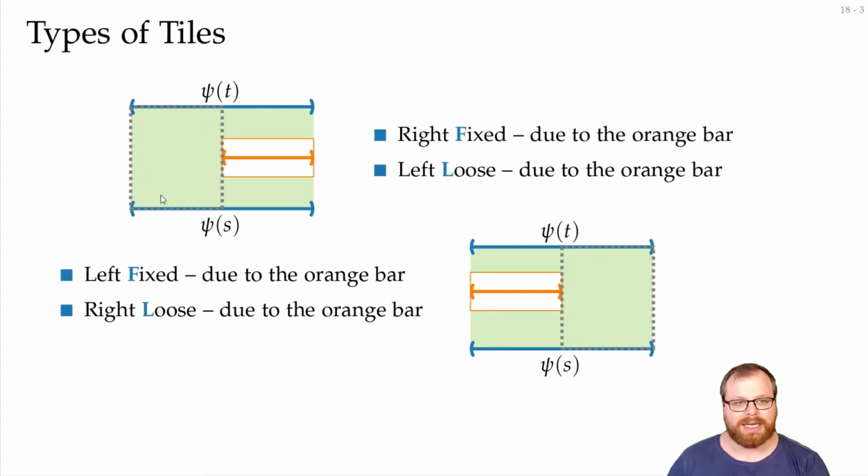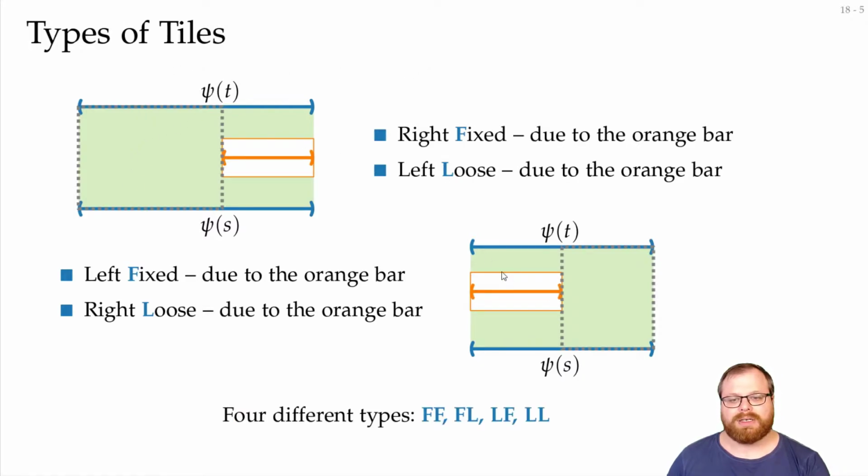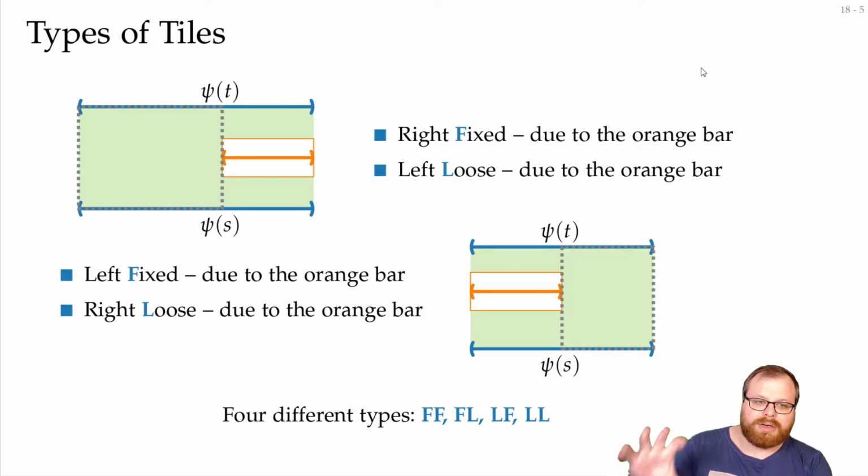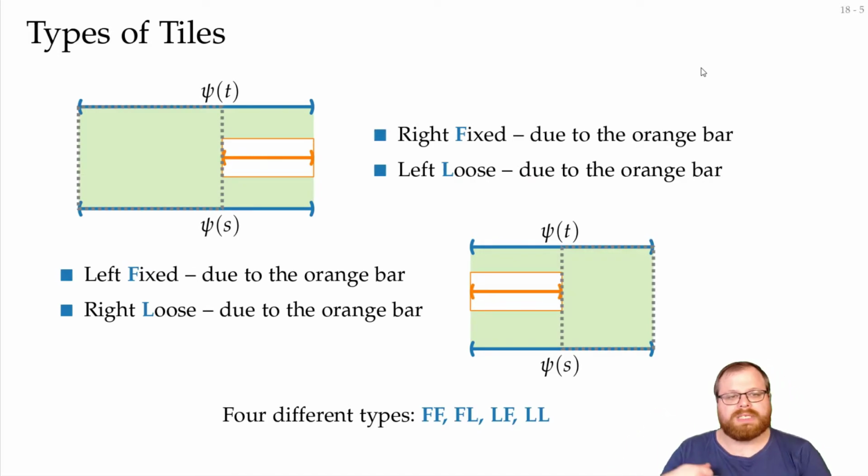So we just take everything here, scale it horizontally by some factor, and we get a different one. So if we look at it from the outside, it only matters if the sides are fixed or loose. So if we can push or draw, or we cannot.